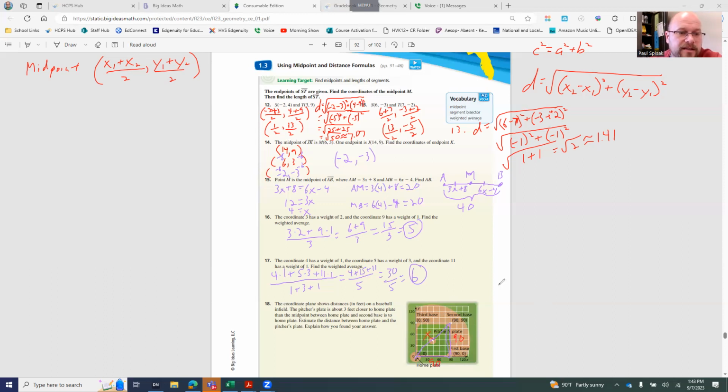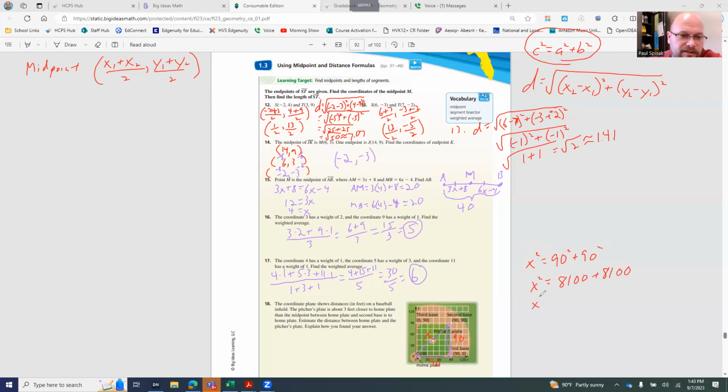Now, I don't know this side. I'm going to call it X. But I can use Pythagorean theorem. So C squared equals A squared plus B squared, what I had mentioned earlier at the top here. So X is going in for C. The 90s are going in for A and B. We have 90 squared is going to be 8,100.